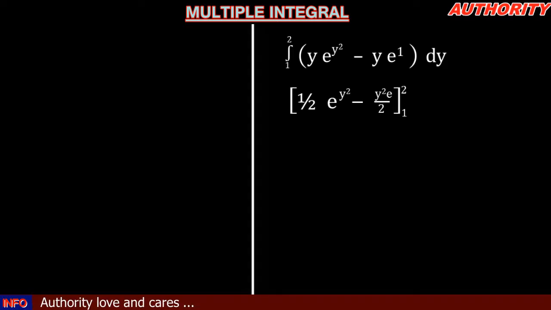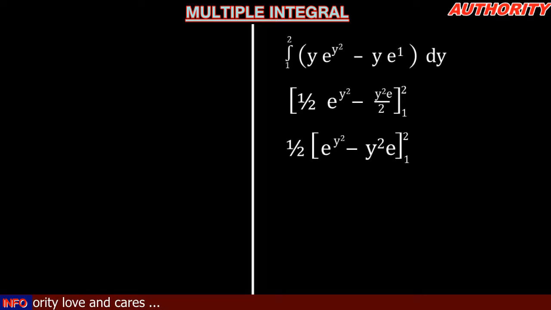In this second part where we have y squared e all over 2, we can factor out 1 all over 2 there. In the first part we also have 1 all over 2. So factoring out 1 all over 2 from these two sides, we're going to have 1 all over 2 open big bracket, e raised to power y squared minus y squared e. All right, good. So here we have the boundary 1 to 2.